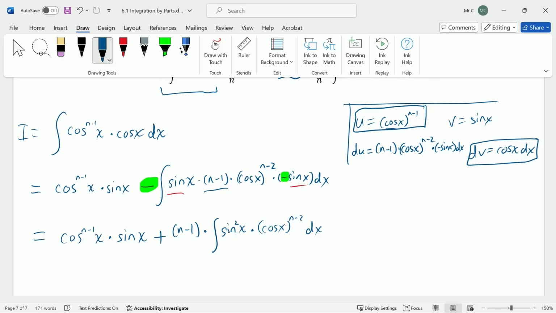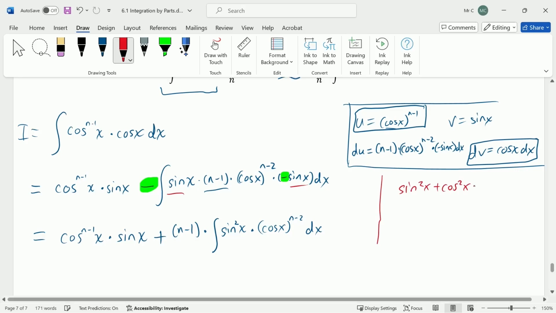Okay, so I look at this, I see sine squared of x times cosine of x to the n minus 2 power, and I think, okay, I've got this combination of sine and cosine. Maybe if I rewrite sine squared of x in terms of cosine, I can do something else with it. And we know that sine squared of x plus cosine squared of x is 1. That's the Pythagorean identity.